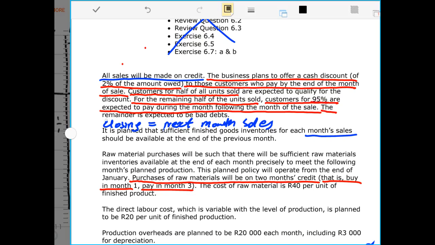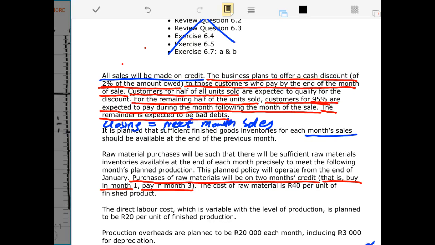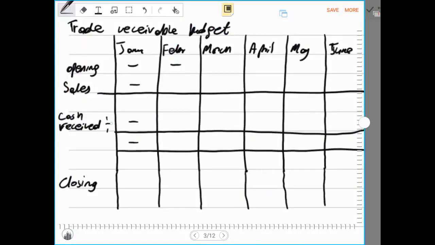Because the 5% will be a bad debt, or irrecoverable, or will never be paid because maybe the debtor disappeared or was declared insolvent, liquidated or sequestrated. So customers will pay half of what was sold to them in the first month, and the discount of 2% will be given, and only 95% of the second half will be received in the following month, and the rest will be bad debts.